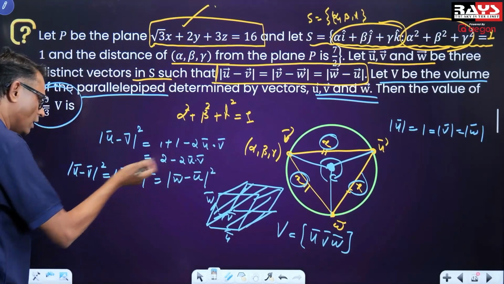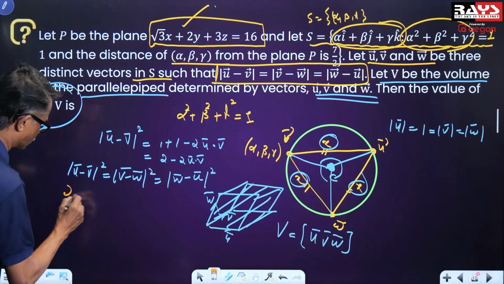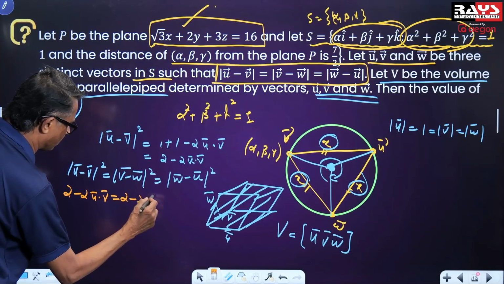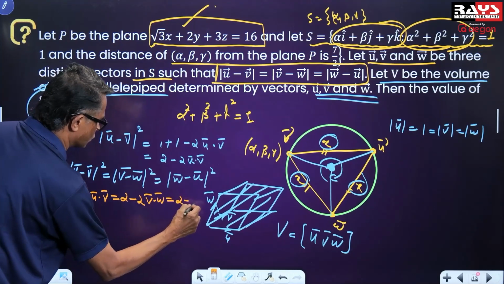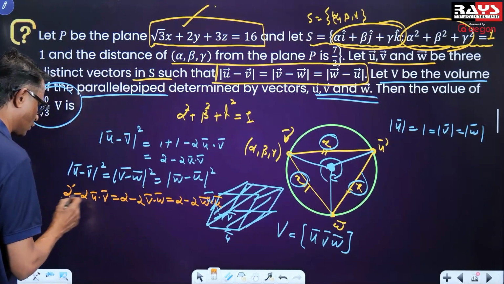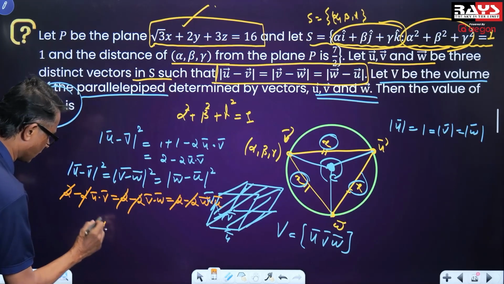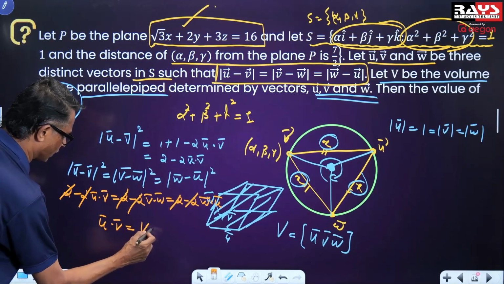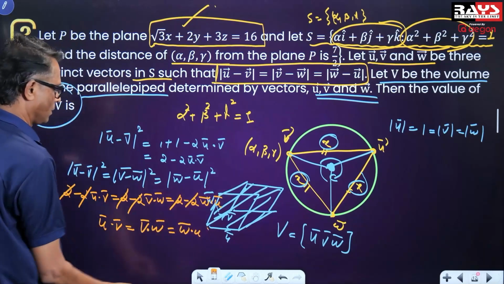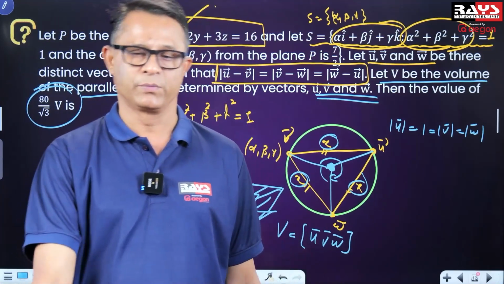So when you expand each one, you will get the same thing: 2 minus 2 u dot v is equal to 2 minus 2 v dot w equal to 2 minus 2 w dot u. So you can cancel 2 each, and finally we get u dot v equal to v dot w equal to w dot u.